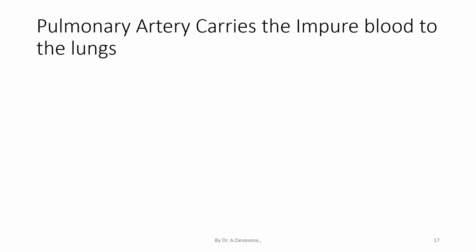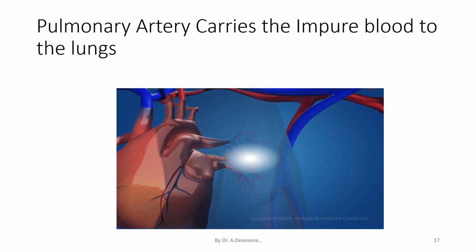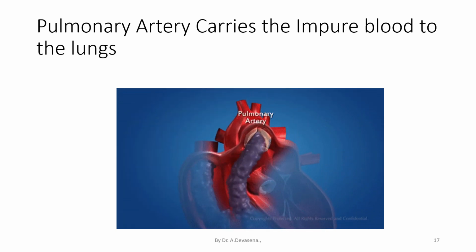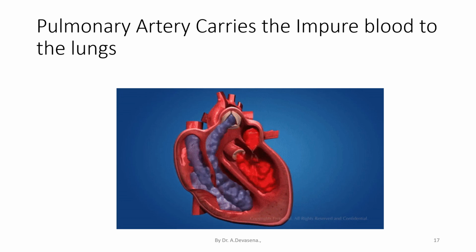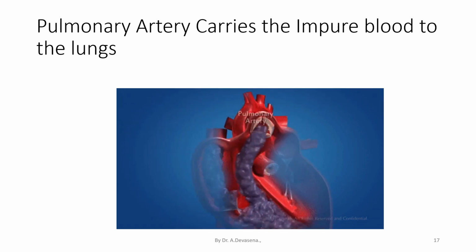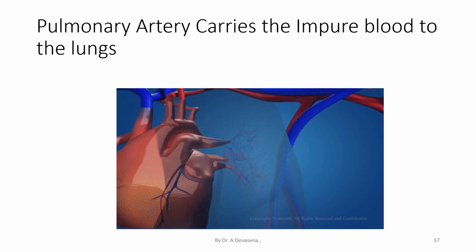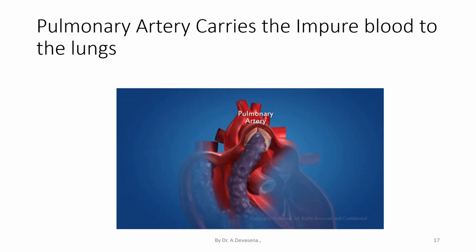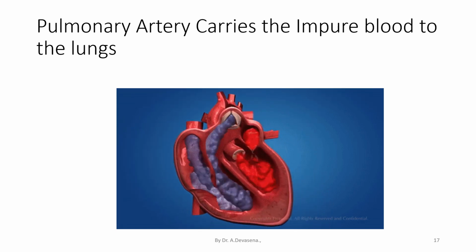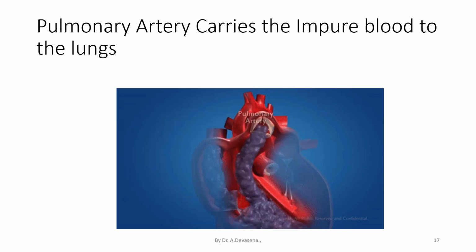Let us see a small animation of how the pulmonary artery carries the impure blood to the lungs. Here, the pulmonary artery is connected to the right atrium. Already, impure blood from the superior vena cava and inferior vena cava is poured into the right atrium.